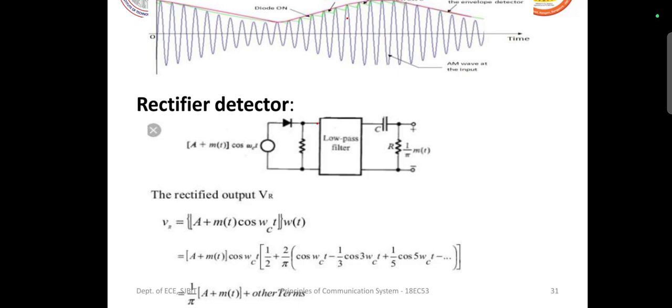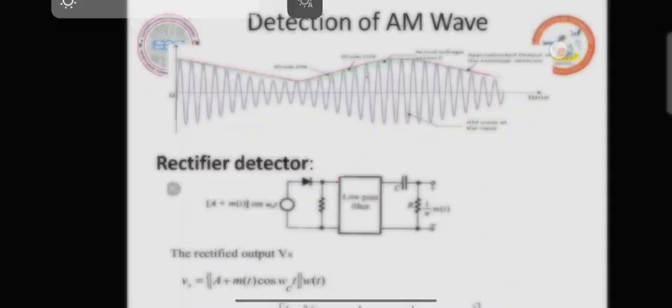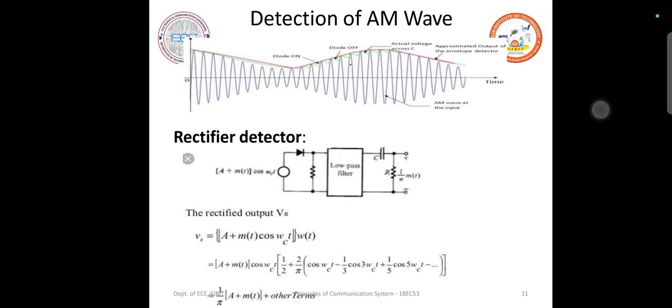So we have written the equation for Vs, which is nothing but the modulated signal, and later on I can represent the diode with that equation which is written in the second part, which is this.